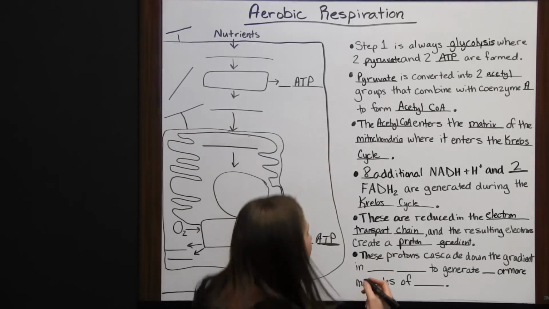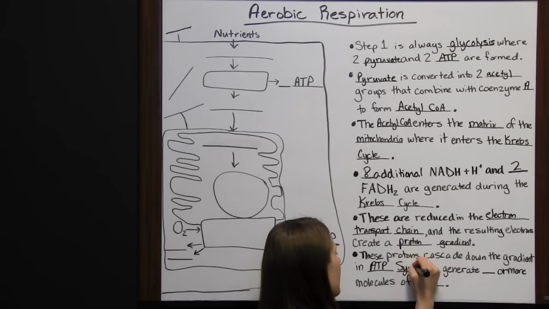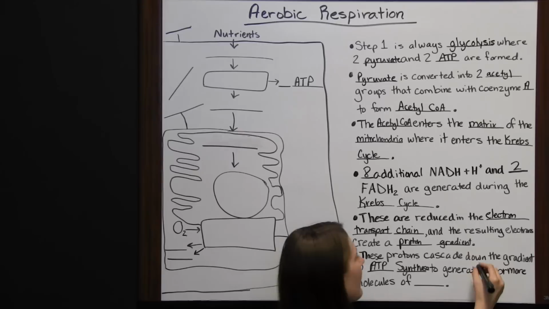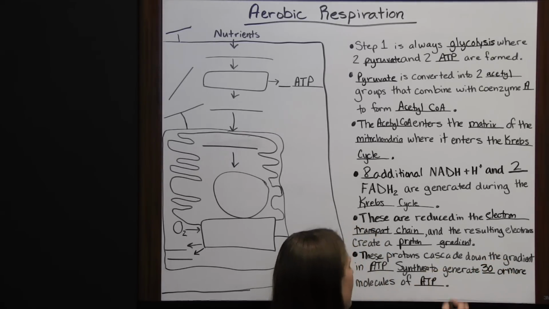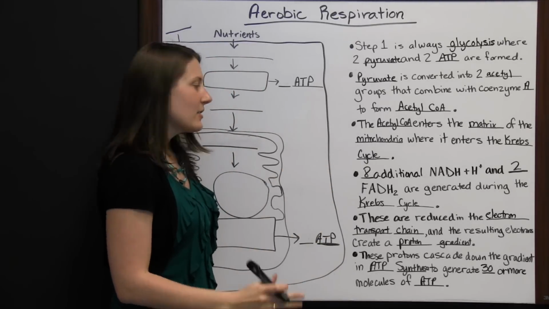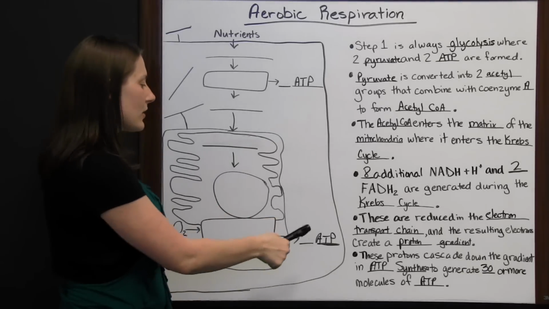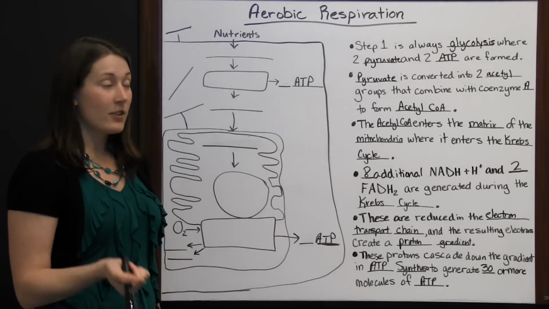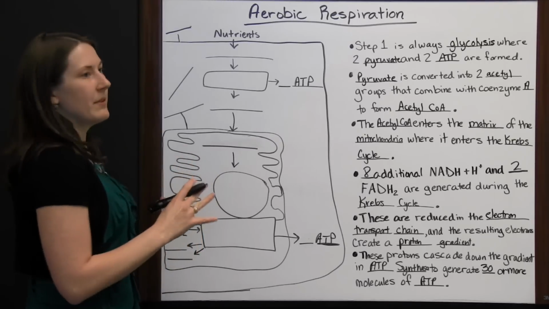And as they do that, in ATP synthase, they generate 30 or more molecules of ATP. So just imagine those protons cascading down, and as they slowly fall down, they're generating energy, and it can be 30 or more molecules of ATP that are generated. So let's look at all this in a diagram, maybe simplify it a little.